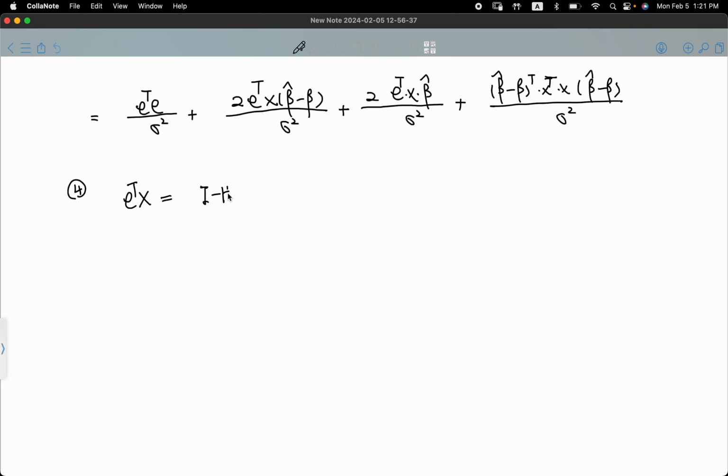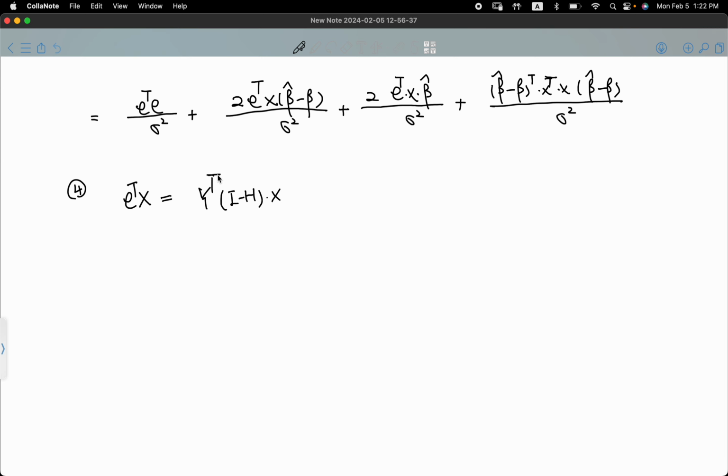I think this is I minus H. So we have y transpose I minus h multiplied by x.